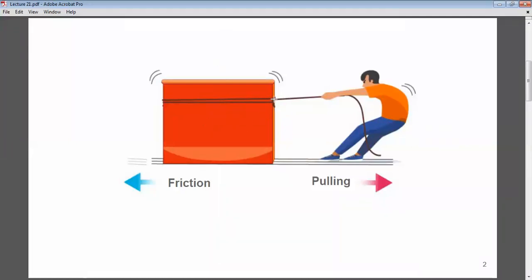We are interested in that he's actually exerting a tension force over here, but the object is not moving. Why is this? Because there is a friction force pulling in the other direction, okay? So he's pulling in this way, but there is a friction force pulling in the other direction, and it's against his force.